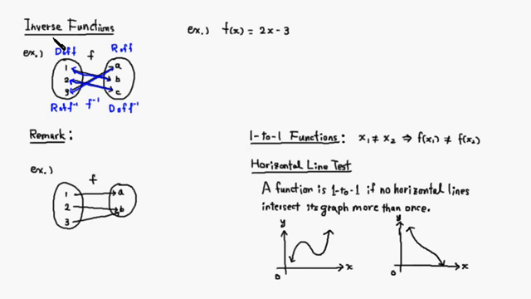Another way to look at it is that since it is a reverse process of the original function, let's try to find the inverse function of this given function, F of x equals 2x minus 3. Try to think about what this function does. Let's write it in English. It takes the x value, and the first thing it does is multiply by 2.